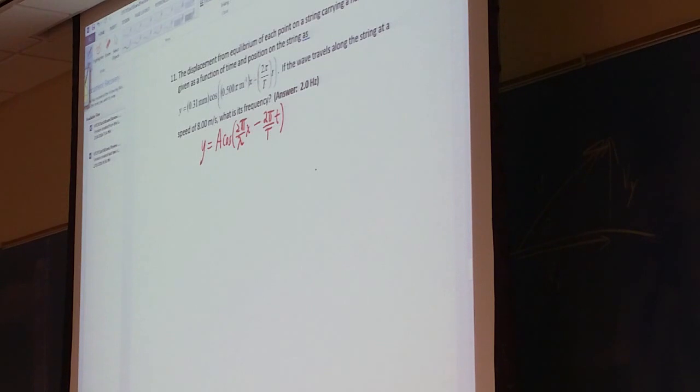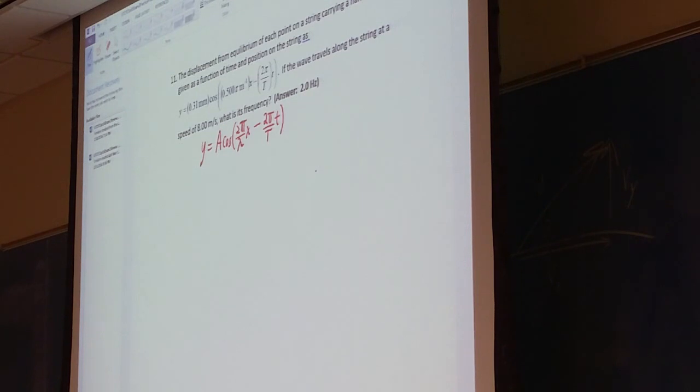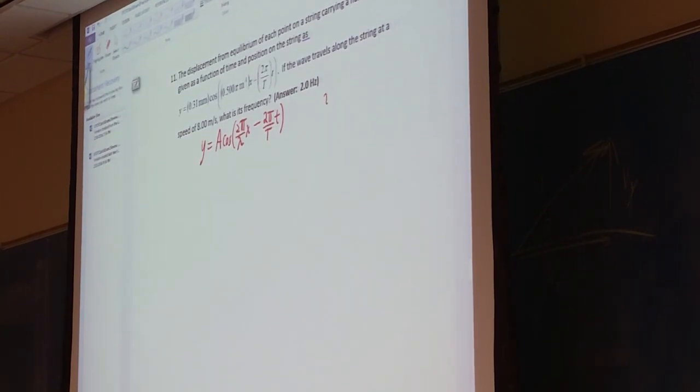So does anybody remember the relationship between the speed of a wave on a string, or any wave really, and the frequency of the wave? I'll give you a hint. The speed is v, and the frequency is f. Does that help?